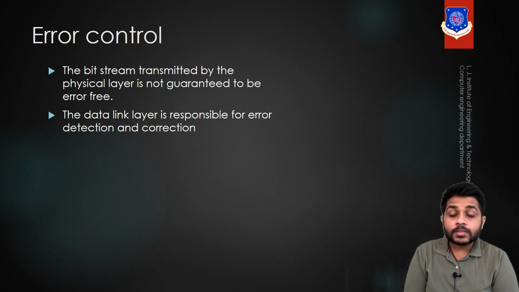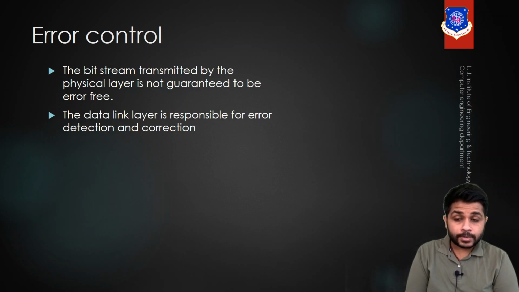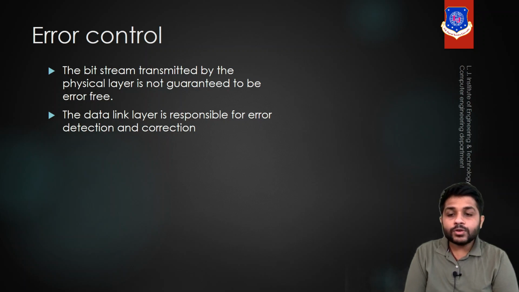If you remember, the layer below the data link layer is the physical layer. The physical layer is totally unreliable. It means that if we are sending any signal in the physical layer, there are high chances that some noise will be added to the signal. If some noise is added, the value of the signal will change.